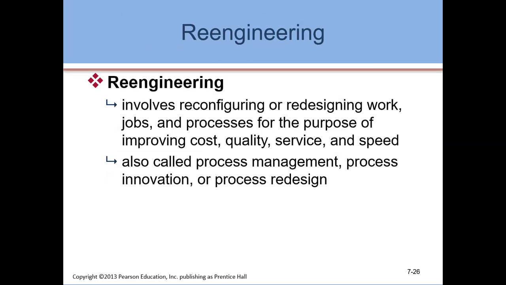Whereas re-engineering would involve reconfiguring or redesigning work or jobs and processes for the purpose of improving cost, quality, service, and speed. So these are the pure concerns related to the term re-engineering. Re-engineering would also be related to process management, process innovation, and process redesign, in which the systems are going to be improved and developed.